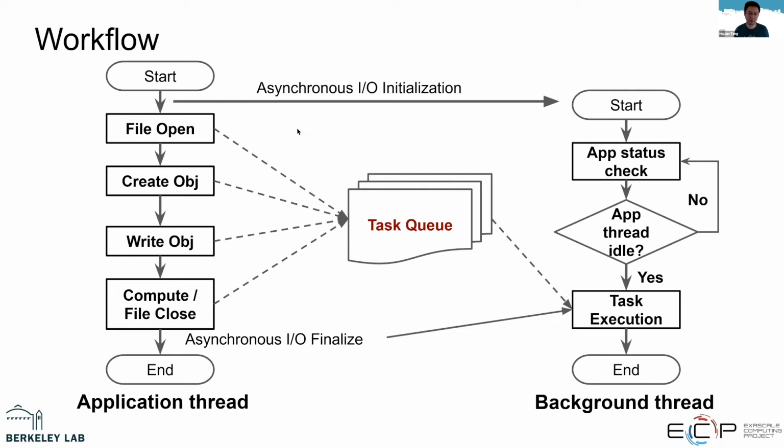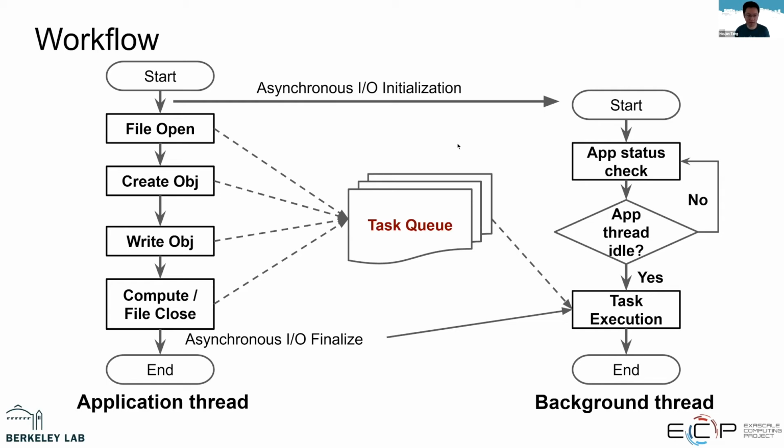So in most cases, if the application thread's calls interleave with the background thread, then essentially we have a serialized execution, as each one enters the library, acquires the lock, and the other thread waits for that lock. That defeats the purpose of the asynchronous execution.